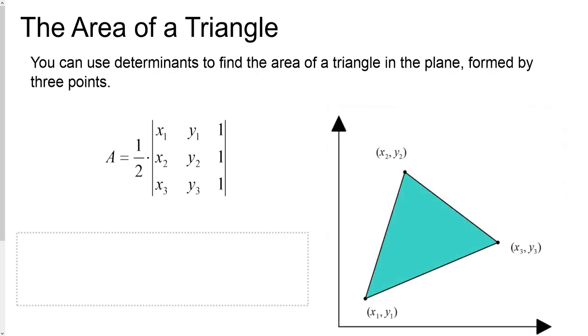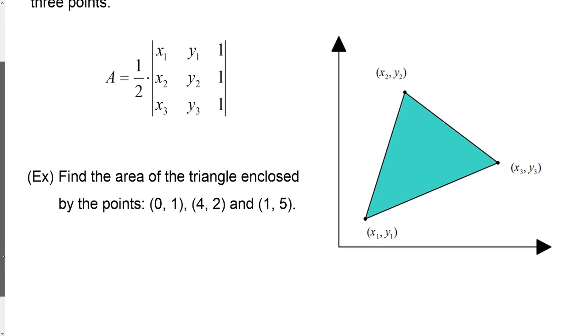If you had some triangle in the plane formed by 3 points, and you created this matrix and did the calculation through the formula, that would give you the area of that triangle that's enclosed. So let's see how it works.